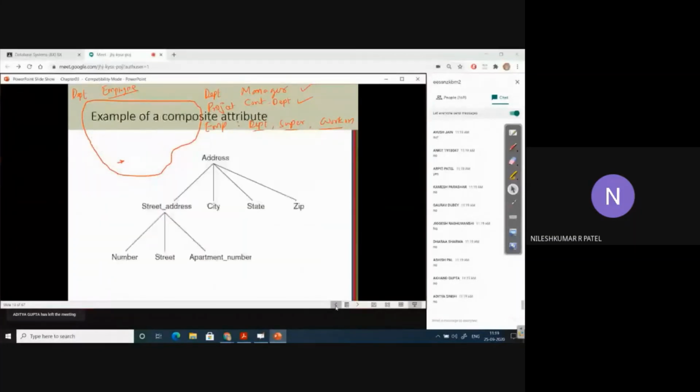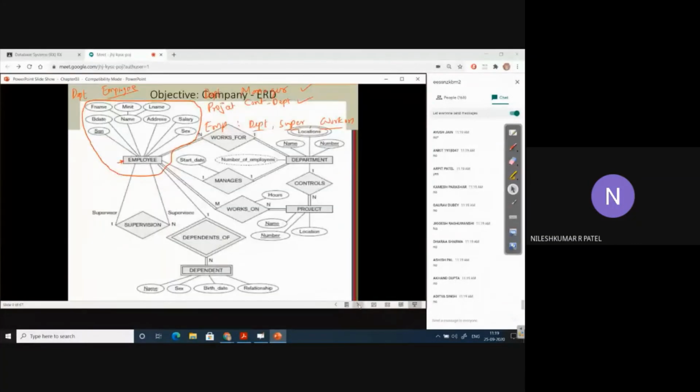Are you able to find it or not? That is my question. Works on, supervisor and department. No, you are not able to find them, right? So it is not there. Why so? Because these three attributes that we illustrated in that diagram all represent relationships. And as I told you, these attributes will be removed from the diagram, and instead we have to represent them as relationships.